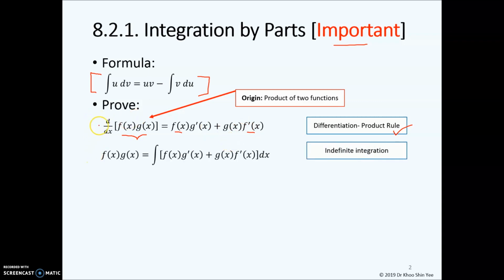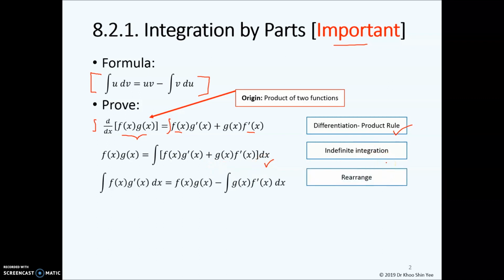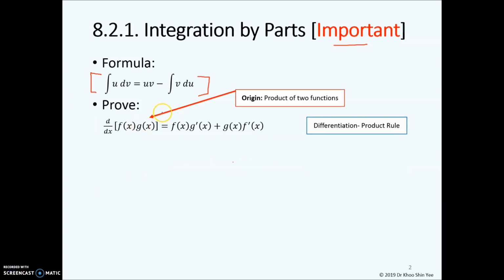Then we integrate both sides, where you can get this answer. And then we rearrange the formula, so we put this term on the left hand side. This is the proof for the integration by parts formula.